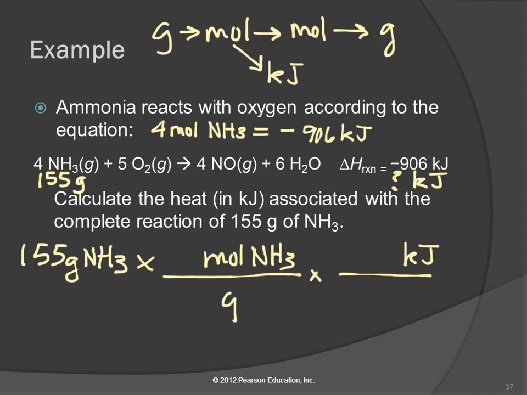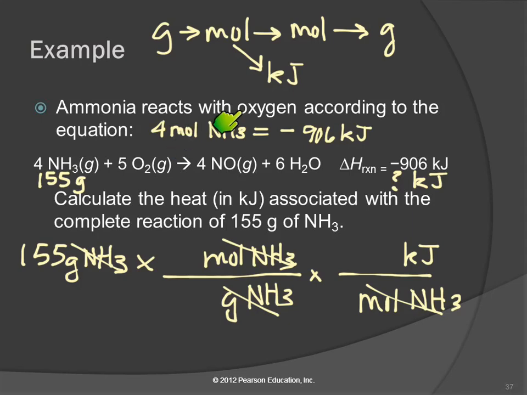Then we fill in the units so that they cancel out. We want grams of ammonia to go away, so we're going to divide by grams of ammonia. We want moles of ammonia to go away, so we're going to divide by that. And this is what we learned how to do last week. We get all the units in, that's dimensional analysis, it tells us what to do. Then we go looking for the numbers.